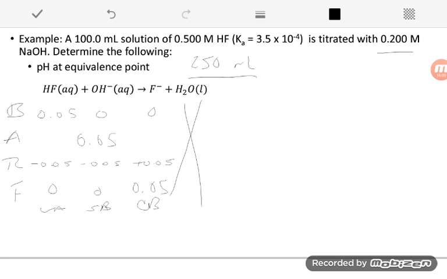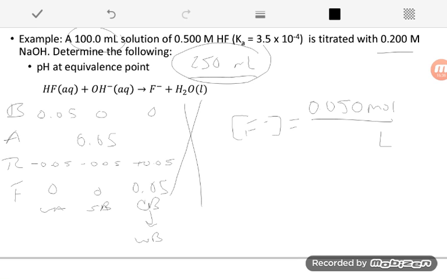Well, how do I get a pH of a conjugate base? And the important thing to remember is this is really a weak base. So what I really need to do is an ice table. So with an ice table, we know we use concentration, not moles. So let's go ahead and get my concentration of that conjugate base. So I have 0.050 moles. I need to put my total liters on the bottom, so I started with 100 milliliters.